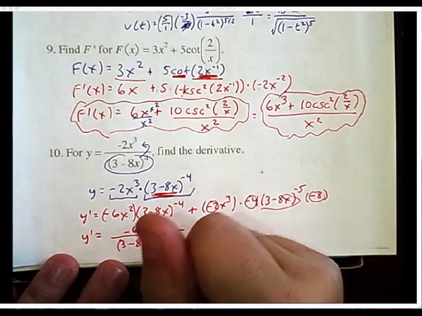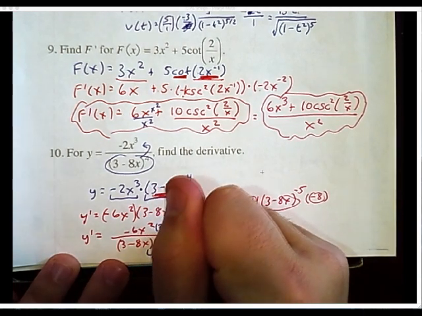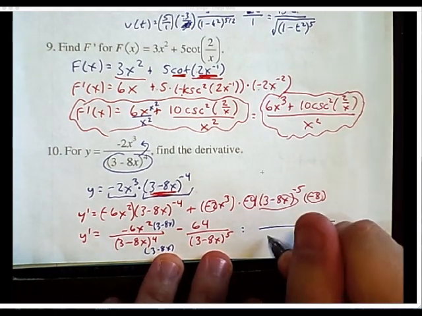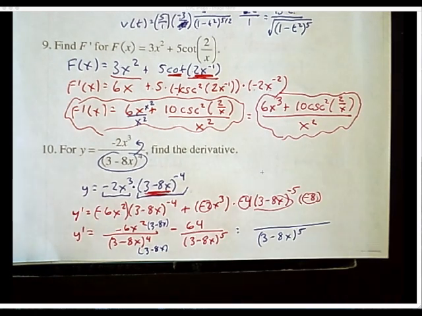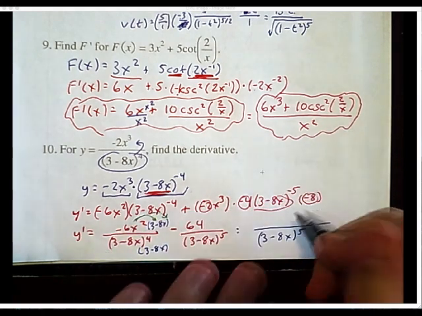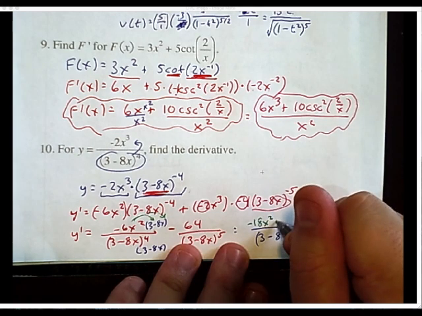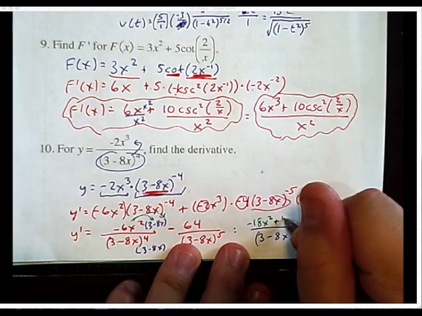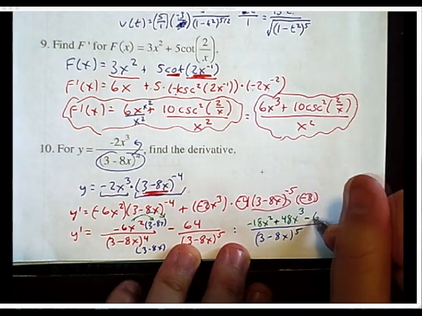Or if you wanted to, you could multiply this first fraction by another 3 minus 8x, so that way you'll get a common denominator of 3 minus 8x to the 5th power. And then if you actually distribute that negative 6x squared, you would get negative 18x squared plus, what is that, 48x cubed minus 64.